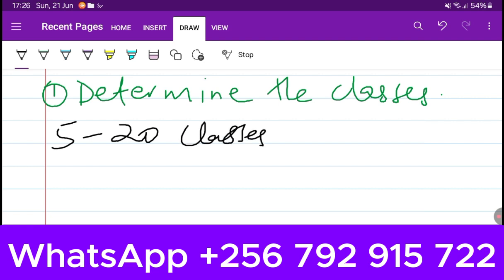It will be very weird for you to find a data set with 50 classes. That would be abnormal. At least 5, then at most 20. But of course, there are some data sets that you might find it. I'm just saying at least 5 to 20 classes.